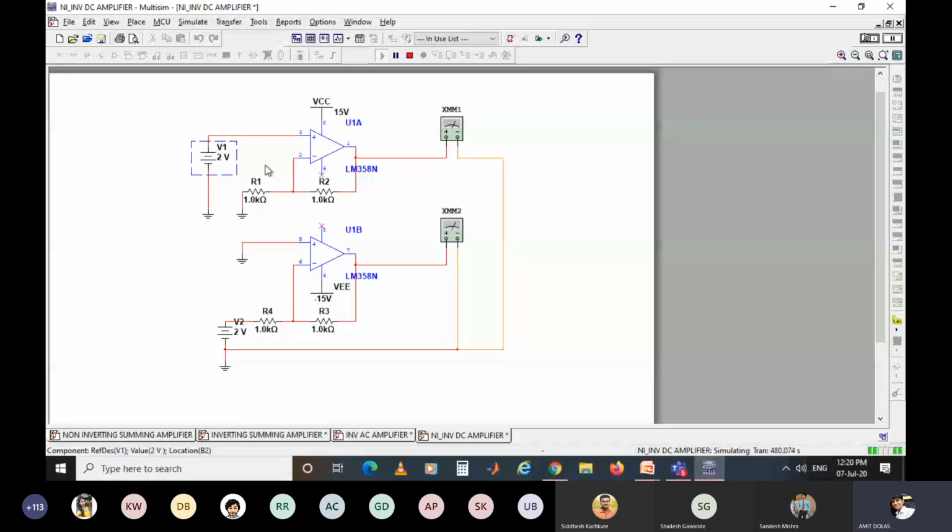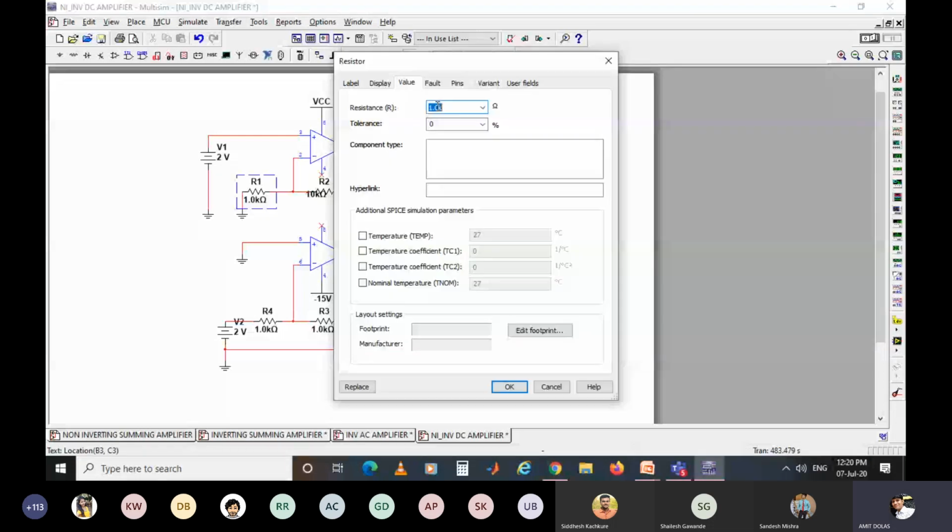Connected 2 volt DC to positive terminal. So this is a non-inverting amplifier. What were the values that we got? Feedback resistance is 10K, and input resistance is 5K.